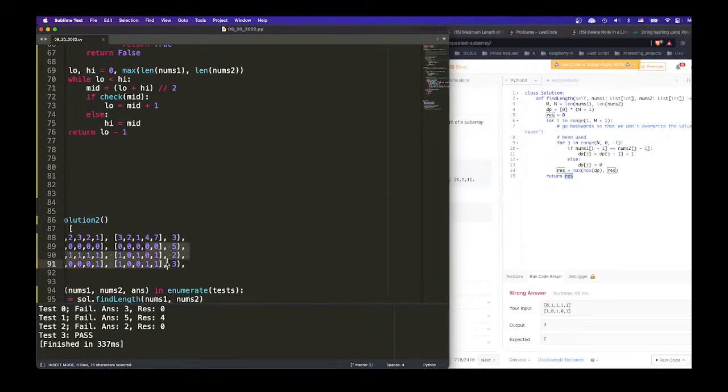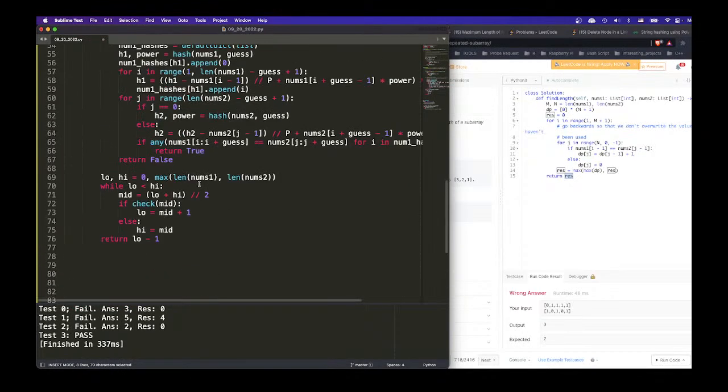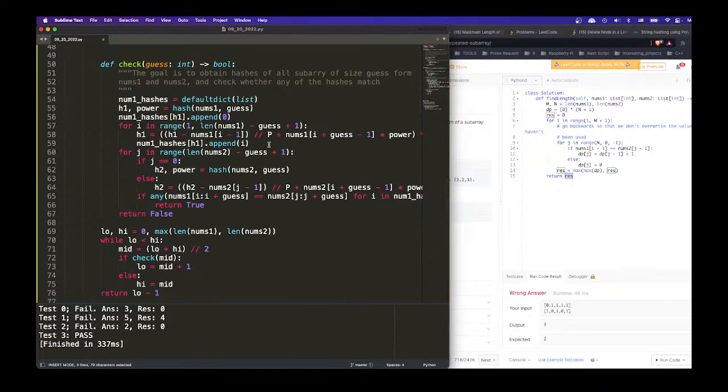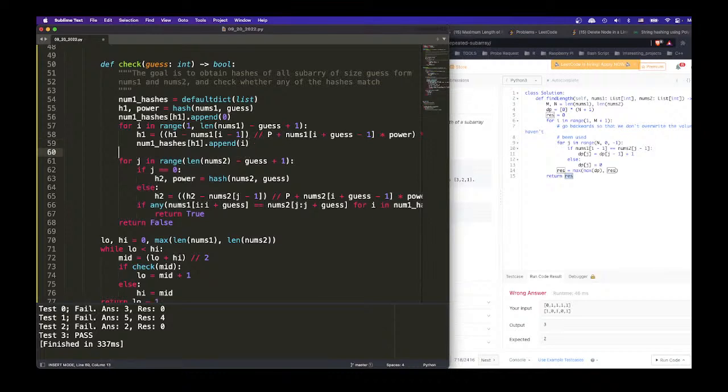It'll be hard to debug. Print num1 hashes. Wow. That'll be tough to do.